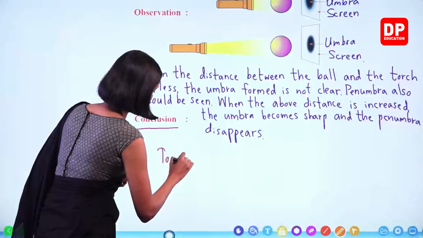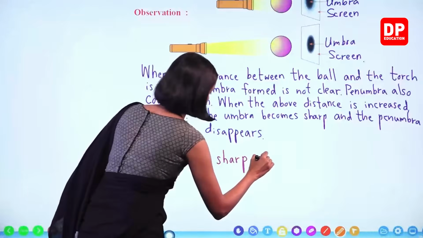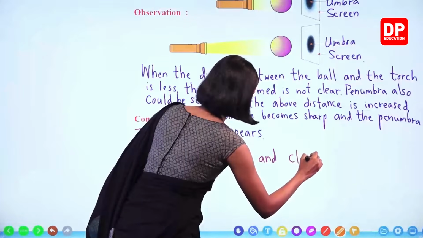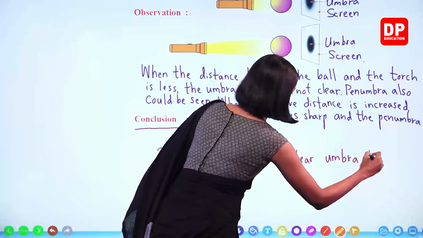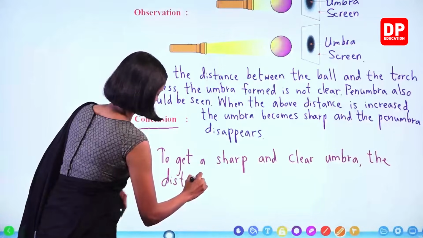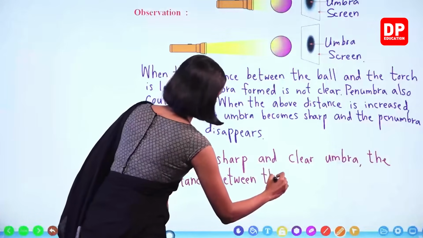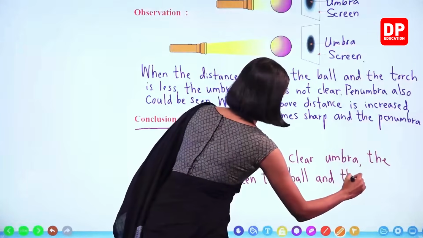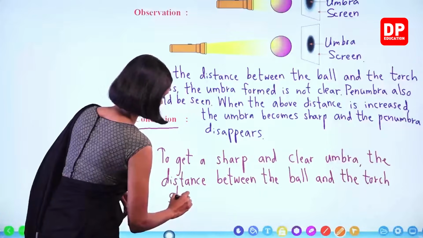To get a sharp and clear umbra, the distance between the ball and the torch should be increased.